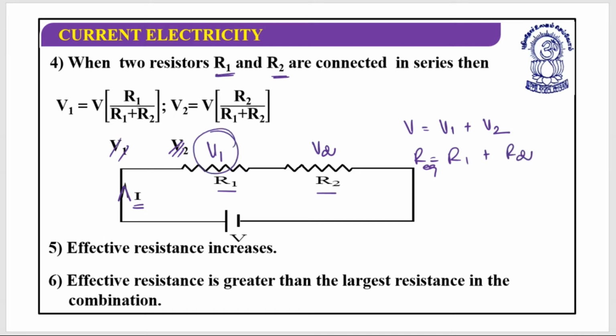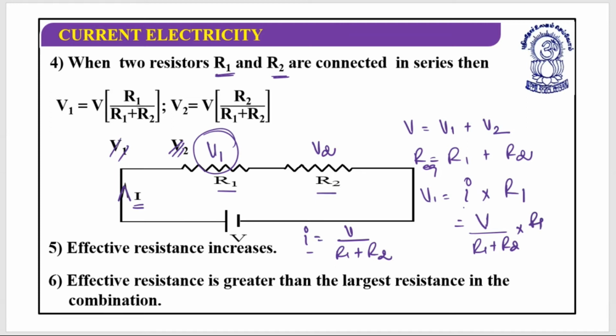Now if I want to calculate this V1, what would it be? I can write V1 is equal to I into R1. Now what is I? I is equal to V divided by R1 plus R2, because the current through every resistance would be the same. So this is equal to V divided by (R1 plus R2) multiplied by R1.